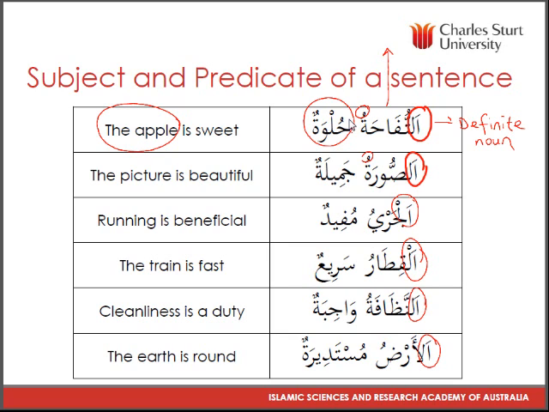Okay, but there are certain rules for mubtada and khabar, for subject and predicate. First, subject of a sentence like at-tufahatu here must be definite. That's why we put al in front. Look, all of them have al in front. Khabar should be without al. It should be nekra.